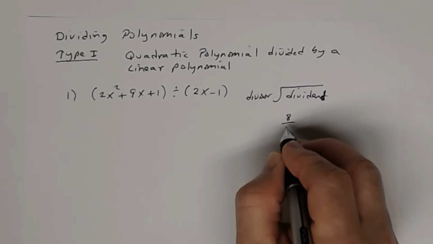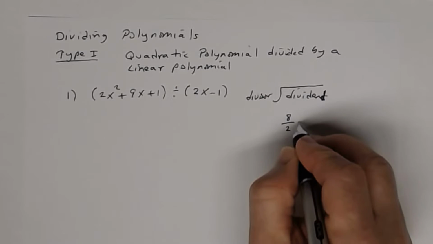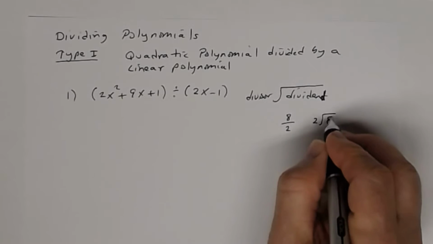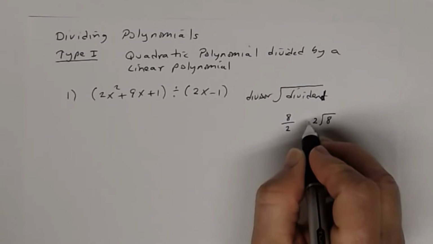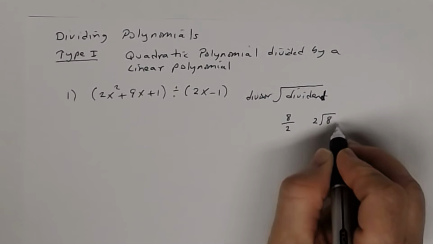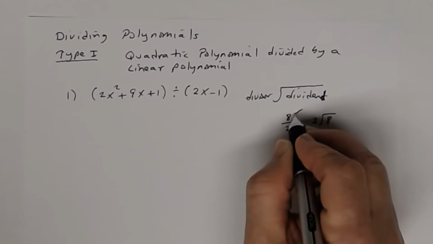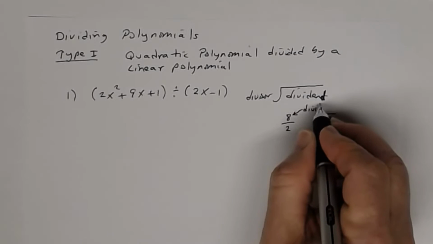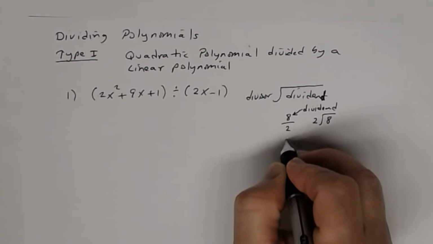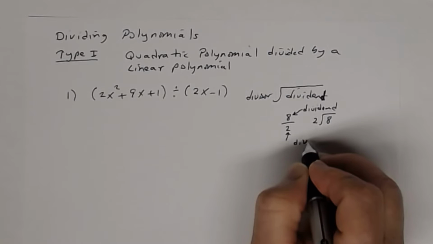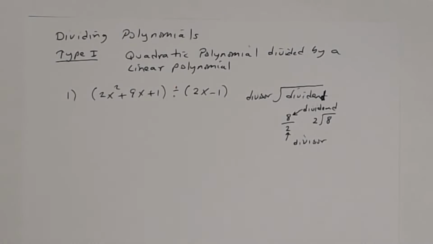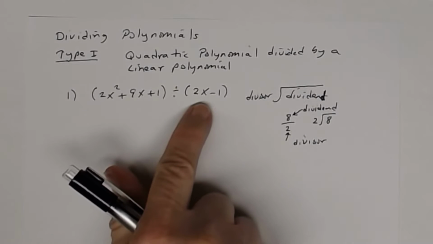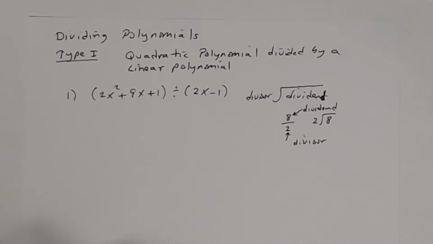If I had 8 divided by 2, I know I can rewrite this as 2 divided into 8, right? So your numerator is your dividend, and your denominator is your divisor. So it's important to know which one's your divisor, which one's your dividend.